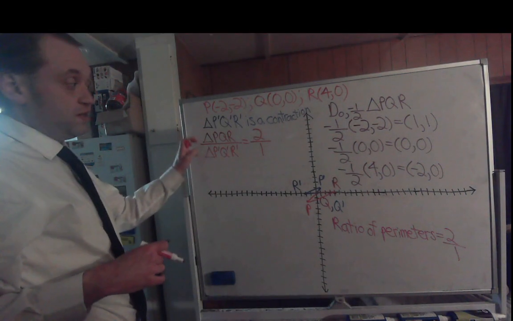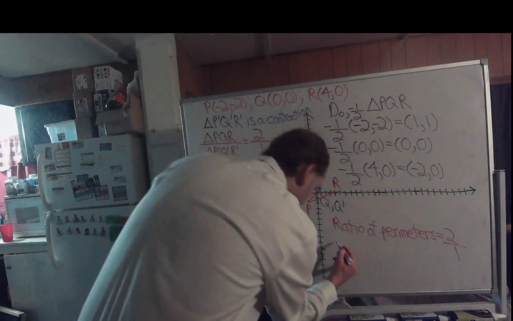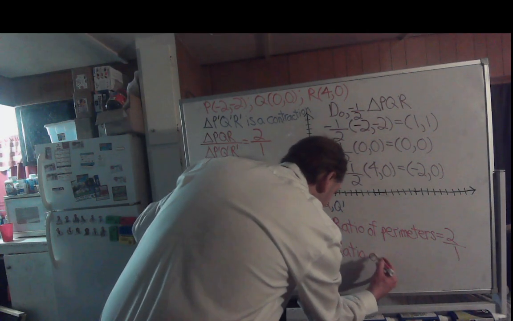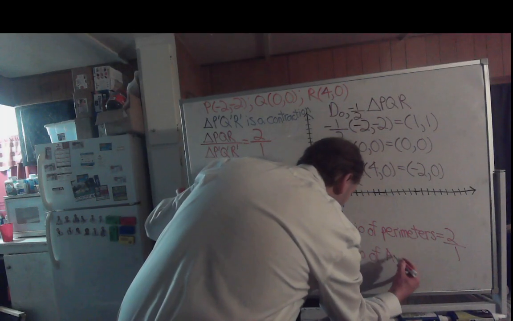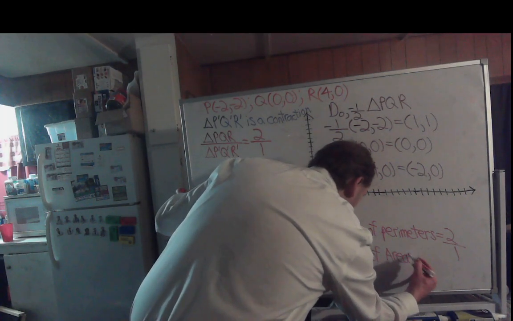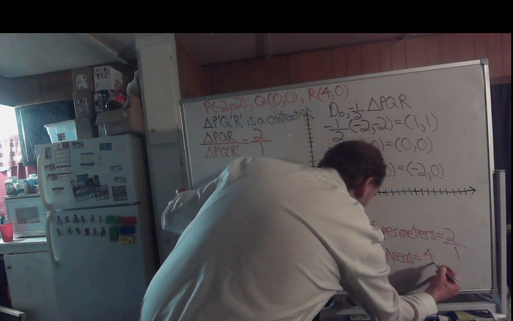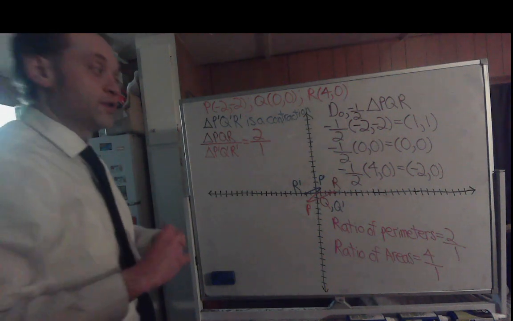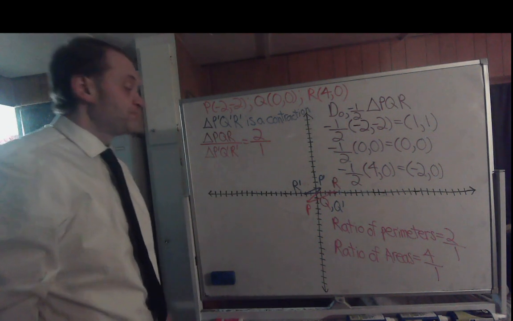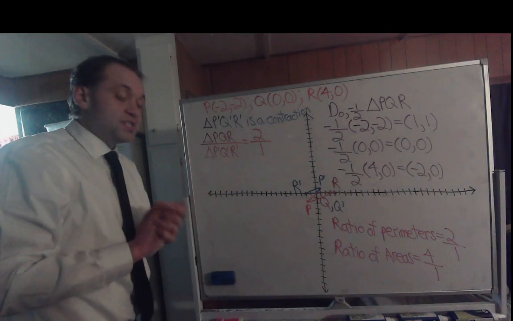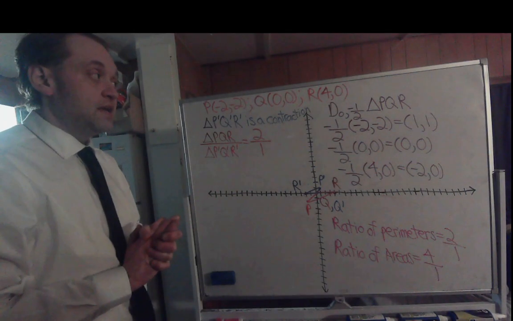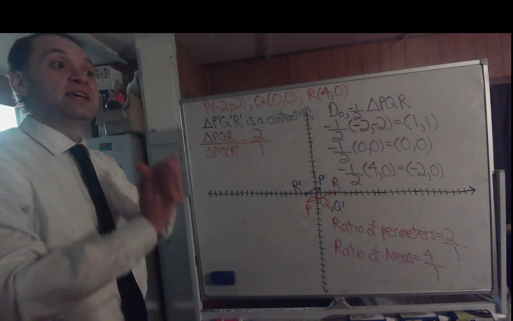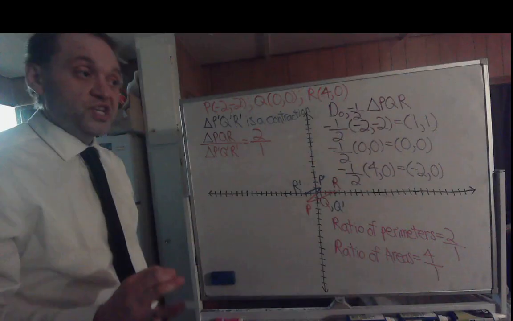Since your scale factor was 2 to 1, what does that mean for your areas? Well, for the ratio of areas, you just take that 2 to 1 and square it. You would get a ratio of areas being 4 to 1. And in general, dilations, again, are not isometries because the size and area do change.